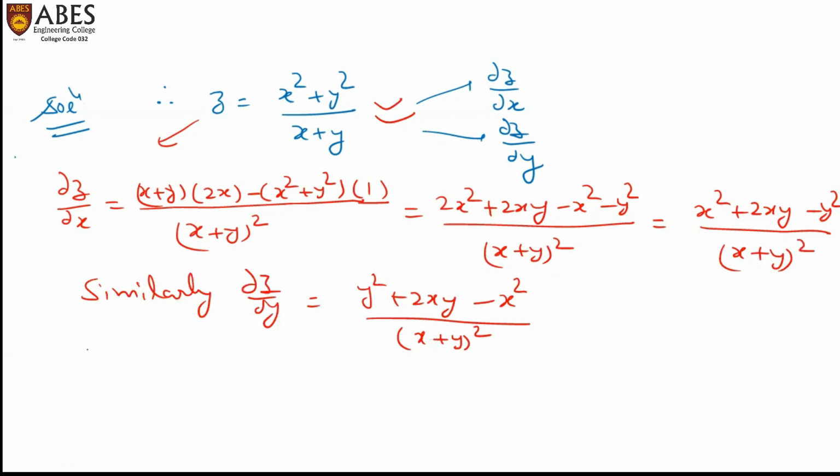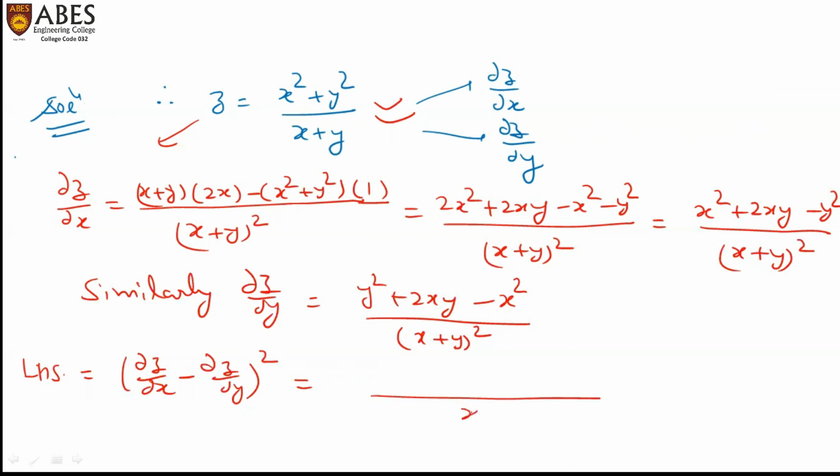So to find the left hand side, we have to subtract del z upon del x minus del z upon del y, and then we will take the square. Obviously the denominator is the same, x plus y whole square. If we subtract, x square plus x square will be 2x square.